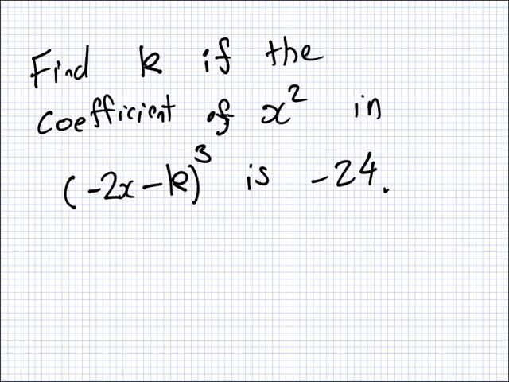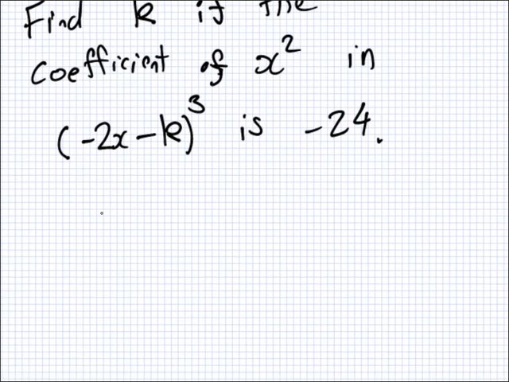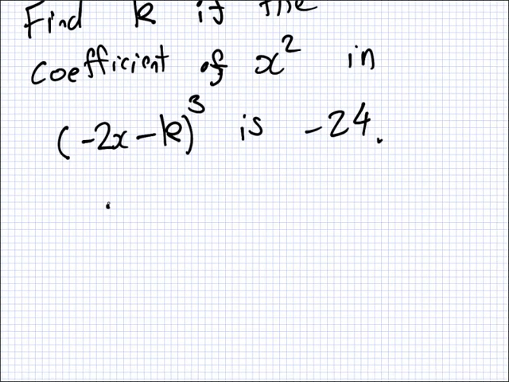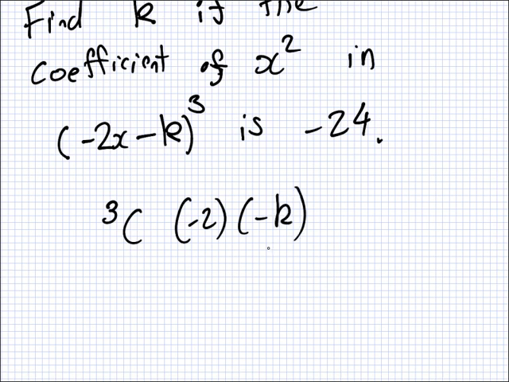Okay, so if we look at this one, we have 3c something, minus 2 and minus k. Now, we know the power of the minus 2. What should it be? 2 here, which forces this one to be 1, and then this one here? 2 or 1, yeah.